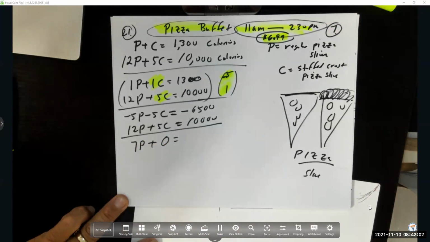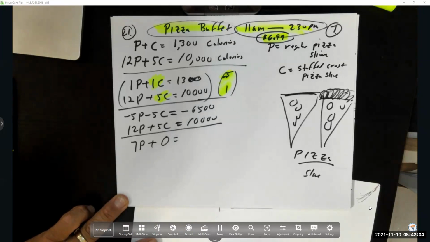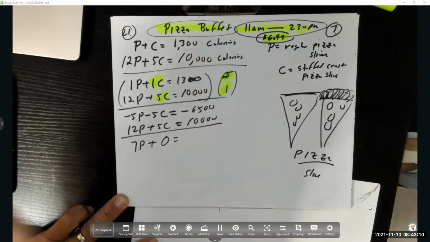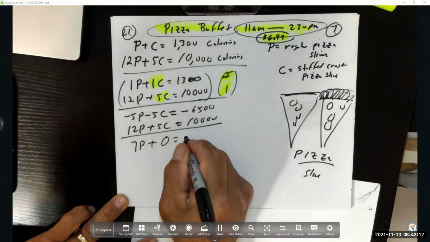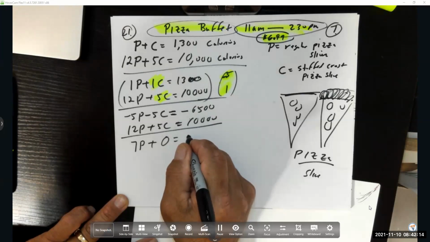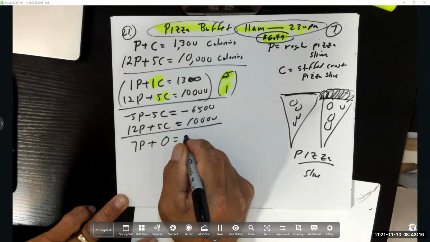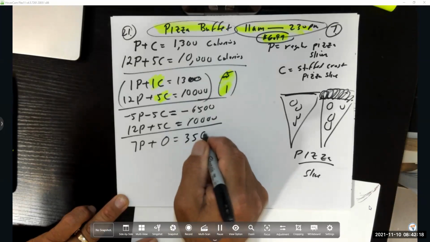So now subtract those two numbers. 10,000 minus 6,500. I got 3,500. 35, 2 zeros.